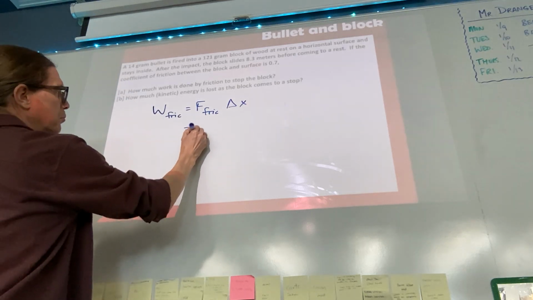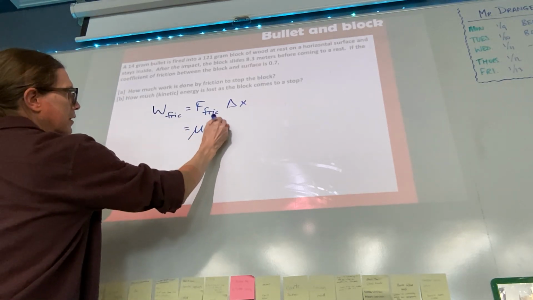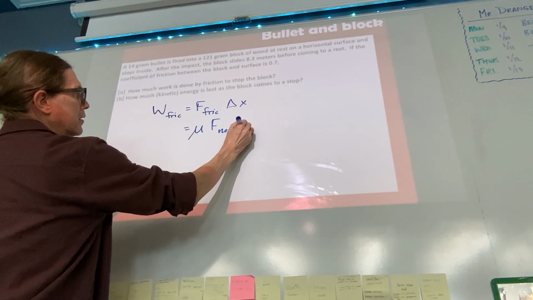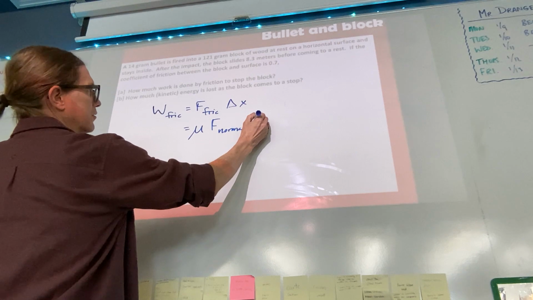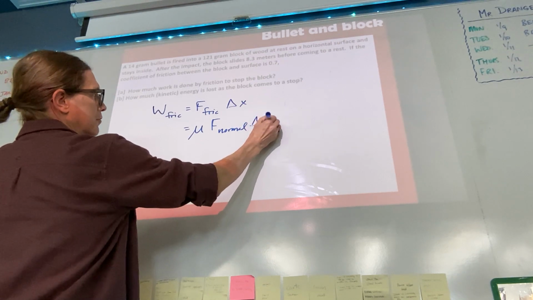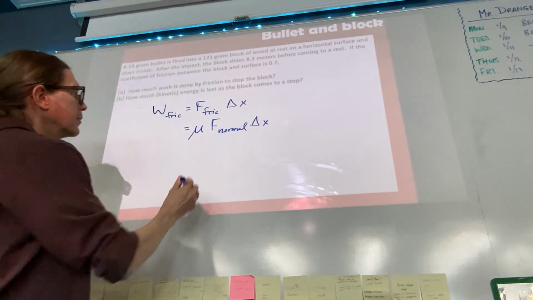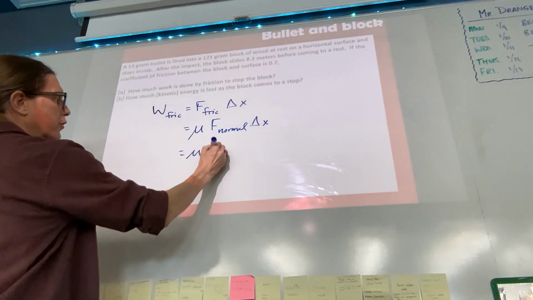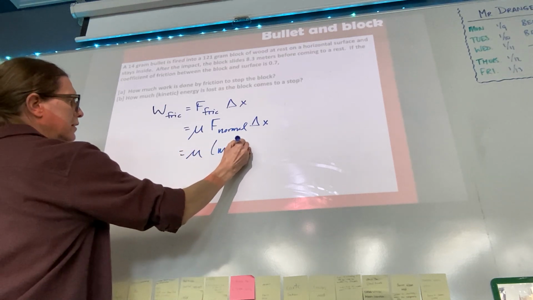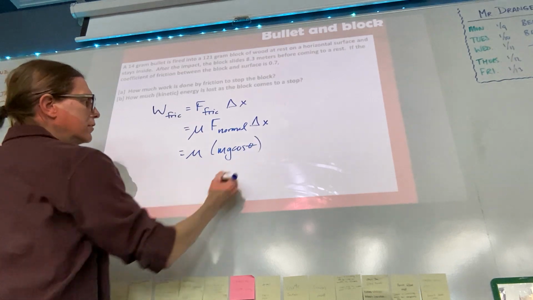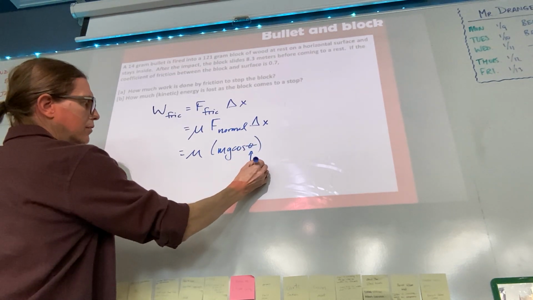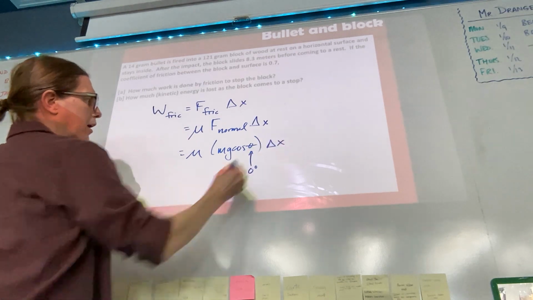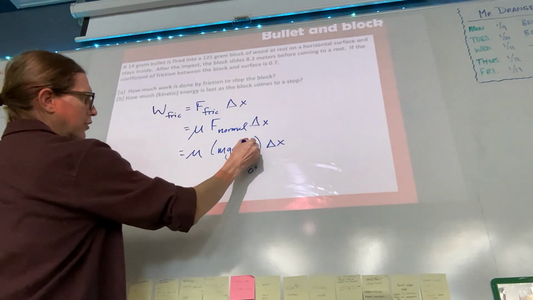Force of friction is mu times the normal force, and then how far it slides. The normal force is going to be mg cosine of the angle. Well, that's just 0 degrees. And how far it slides. So this is just going to go away.